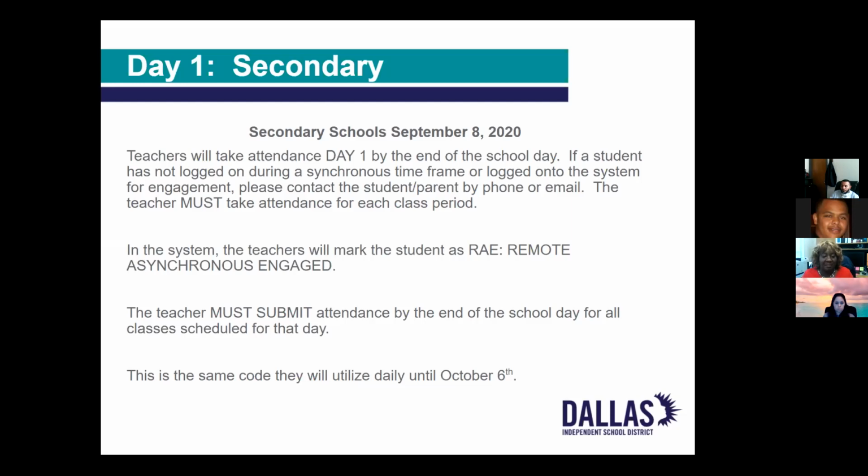So make sure that you do this, and I will make sure that this gets sent out to you so you know you have to do day 1. The teacher must submit attendance by the end of the day for all classes scheduled for the day. This is the same code you will utilize until when? October 6th, okay? October 6th.